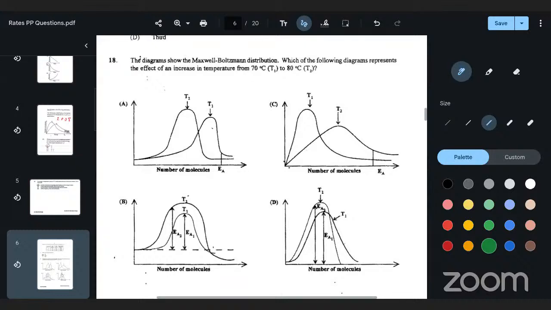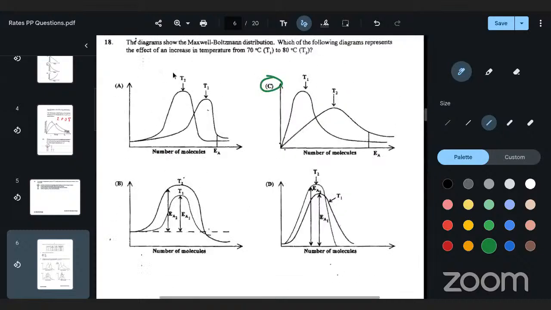So this one I was asking which of the following diagrams represent the effect of an increase in temperature from 70 to 80 degrees Celsius? C. Sir, C. C is correct. So first thing, T2 is before T1 on this side, so it couldn't be this. And these two are just way off.